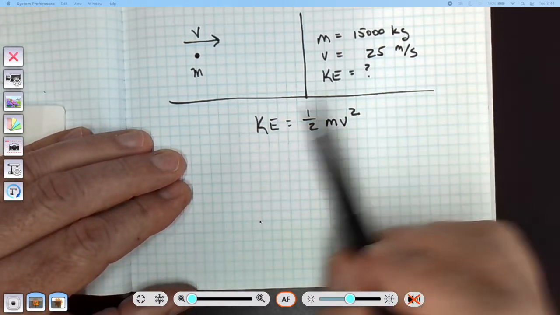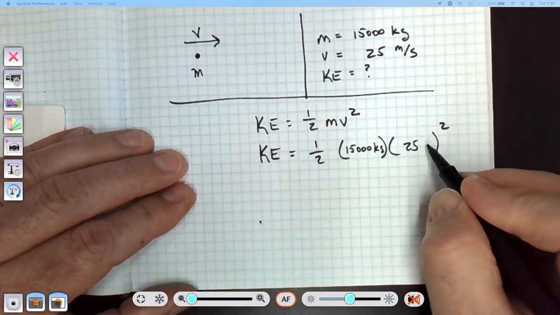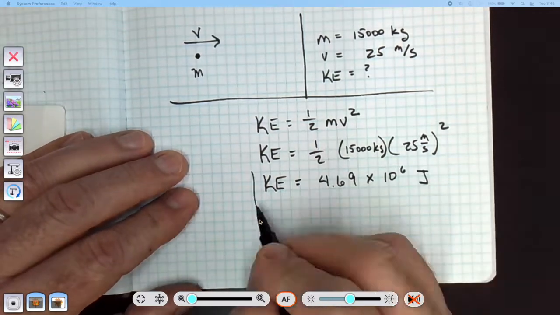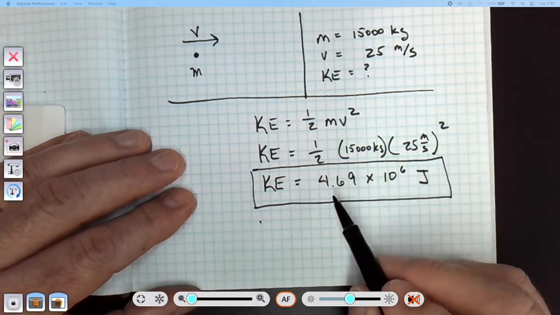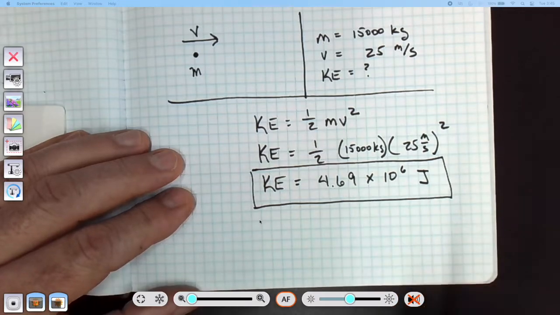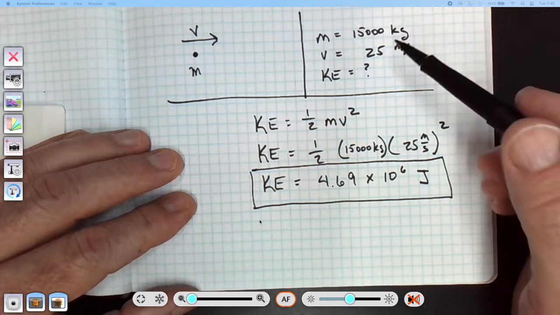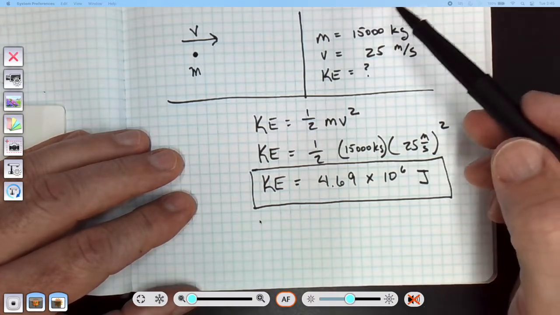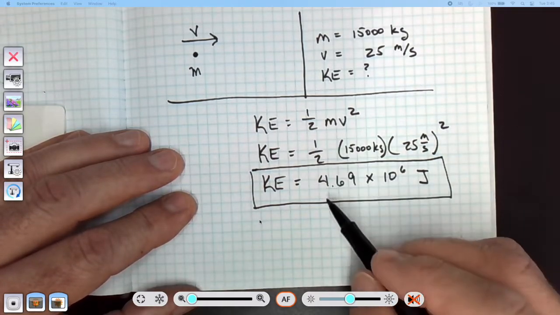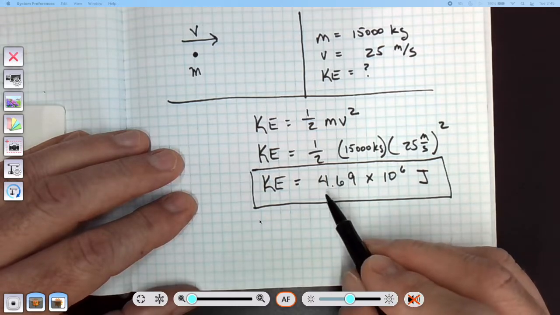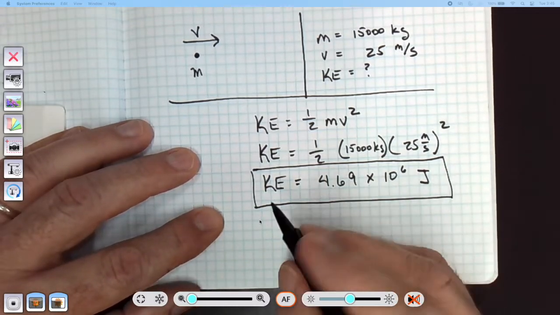It is solved for our unknown. Now I've written my answer with 1, 2, 3 significant figures. How many should it be? We were given 1, 2 significant figures here, so my answer should be rounded to 1, 2 significant figures.